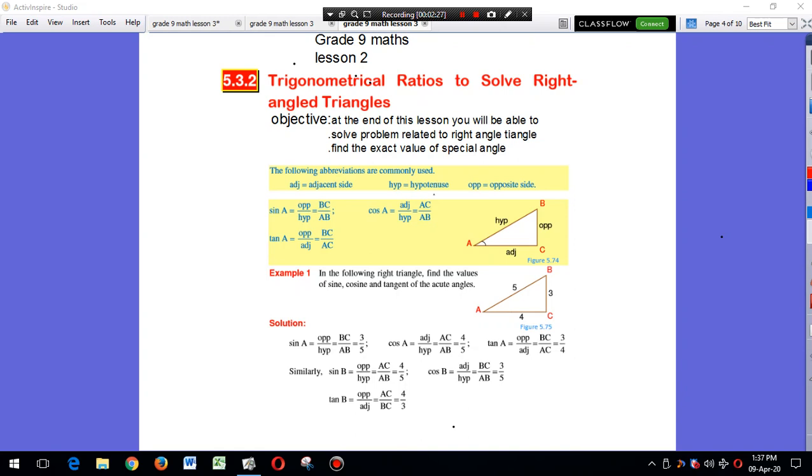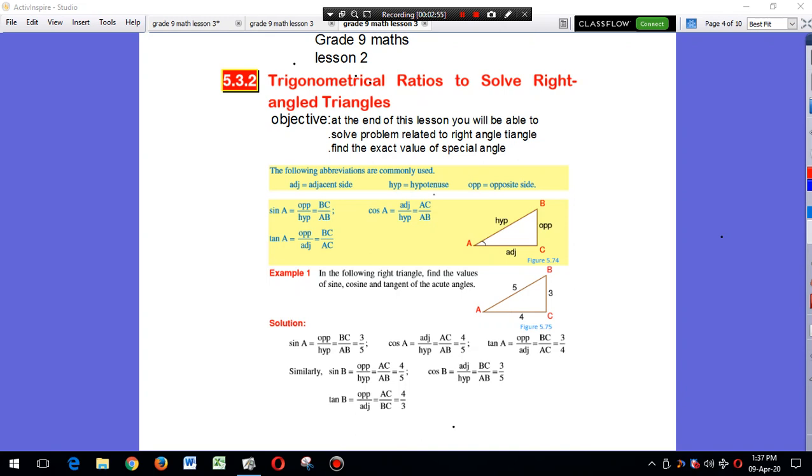If you take right angle triangle ABC, and you are asked to find sine A, it is equal to the opposite side to angle A divided by the hypotenuse of the right angle triangle. The opposite side of angle A is BC, and the hypotenuse is AB.